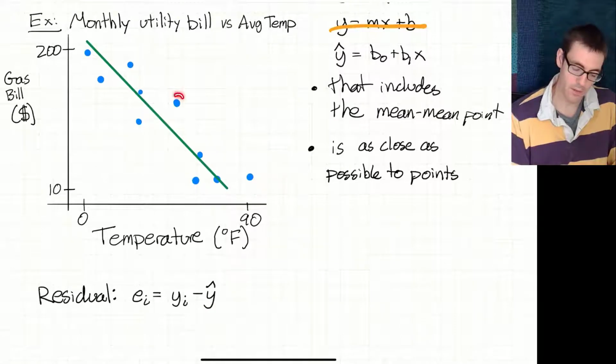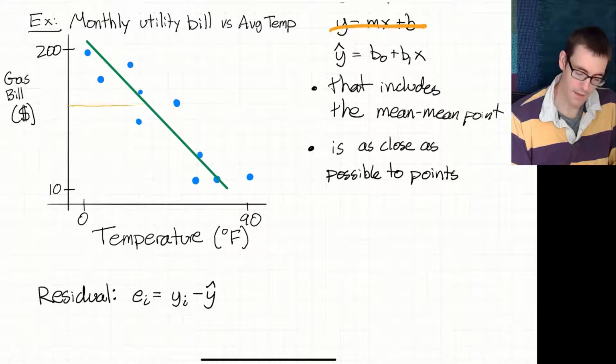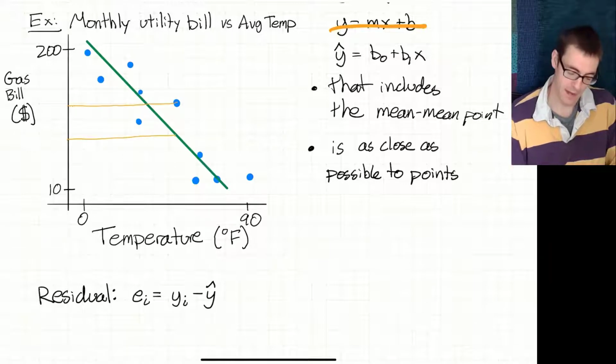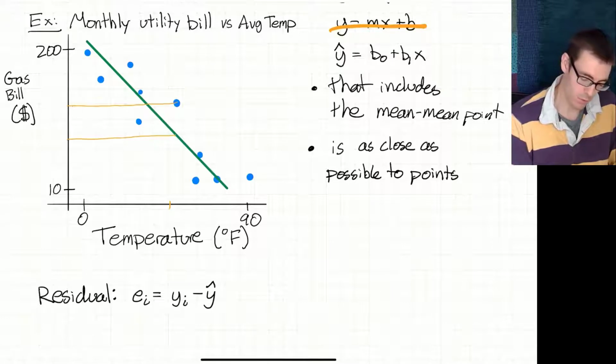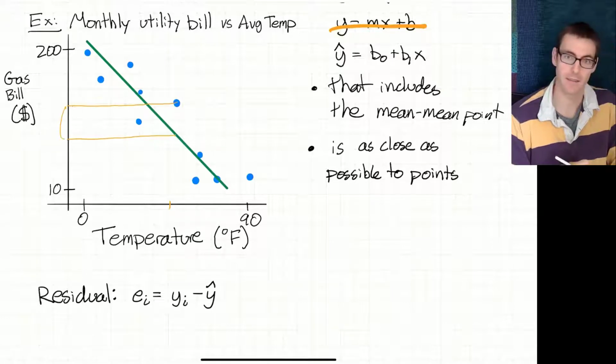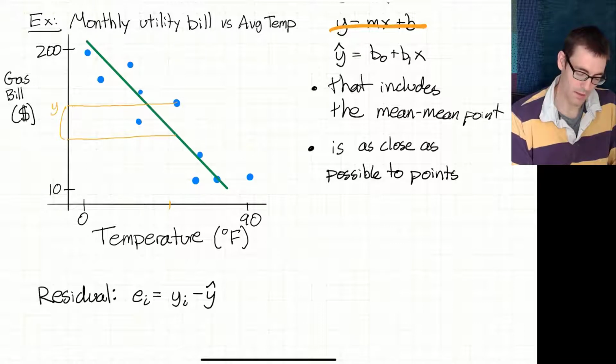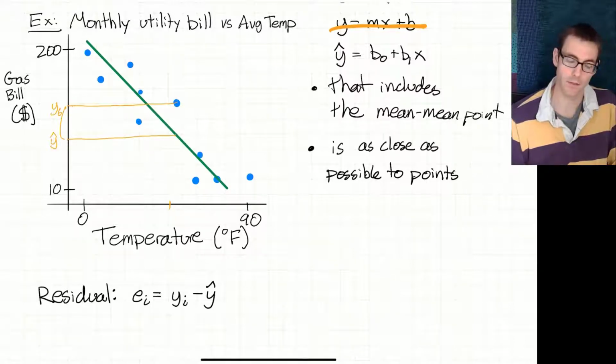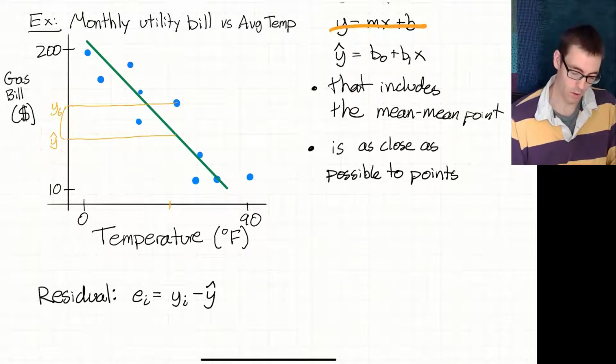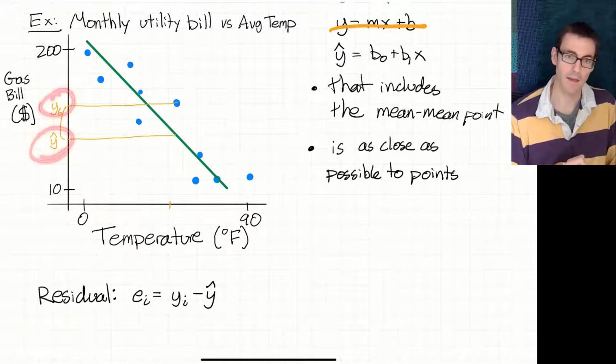In other words, for this point, its residual is its Y value minus the predicted value for that given X value. So we're talking about this distance. This is Y, let's call it the sixth point, Y6, and this is the predicted value of that point. So the residual is the difference between these two, or Y6 minus Y hat.